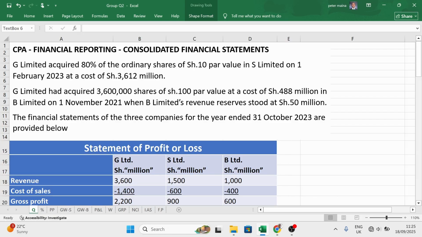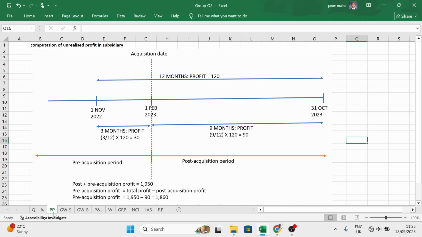It is called pre-acquisition profit. Pre-acquisition profit is the profit that a company had on the date when it was acquired. It is the accumulated profit the subsidiary or the associate had as at the date of acquisition.